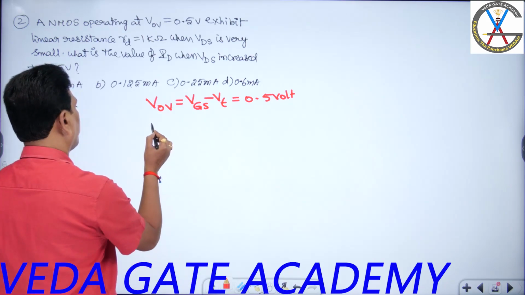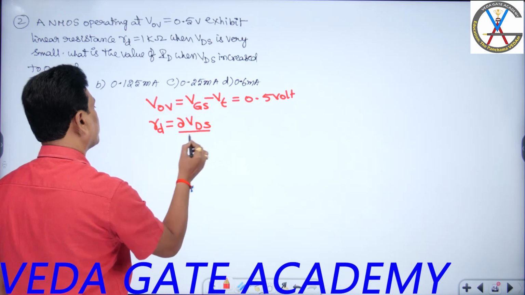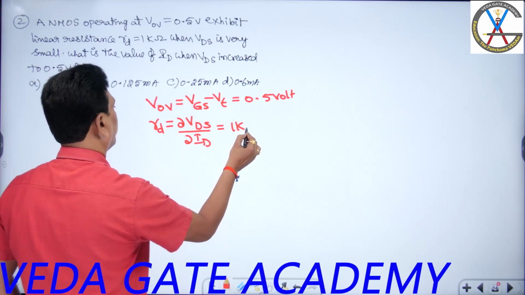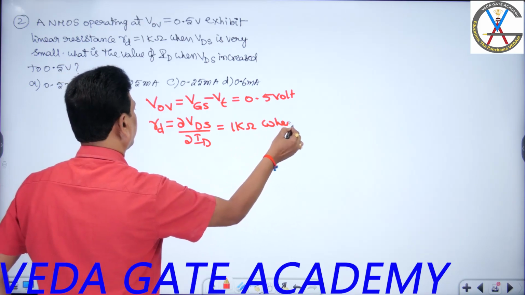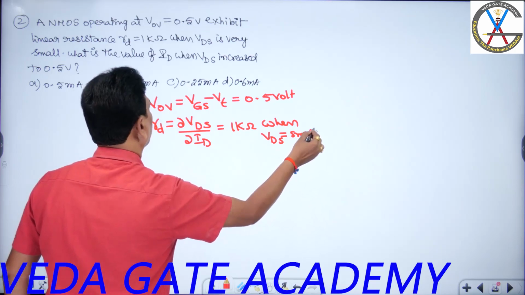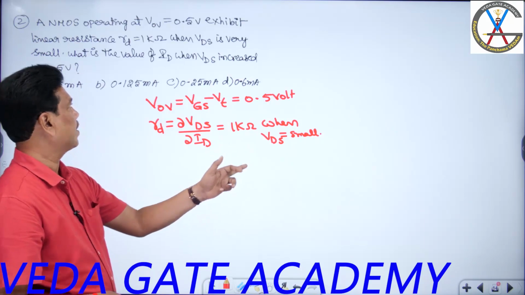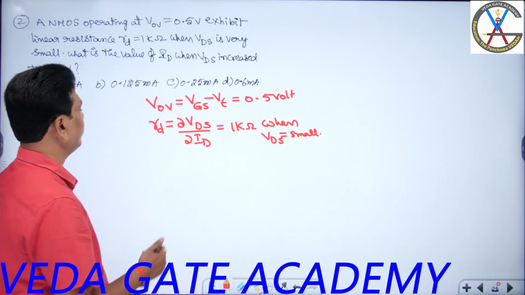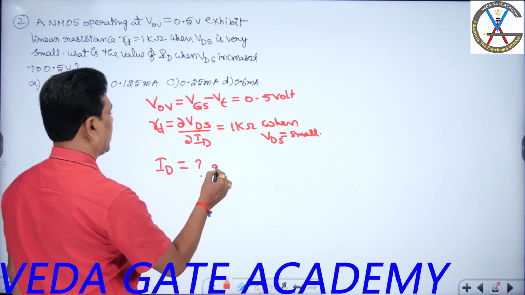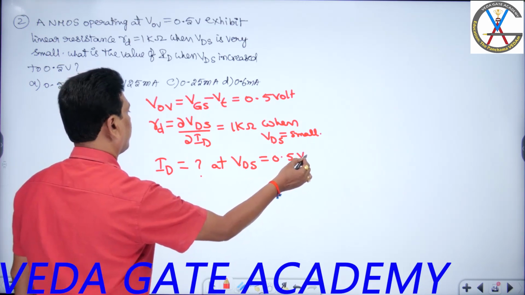So linear resistance or drain resistance is given, equal to dou VDS by dou ID, students, that is 1 kilo ohm when VDS is small. Sir, what you are asking is, what is the value of ID at VDS equal to 0.5 volt? This is the thing he is asking.